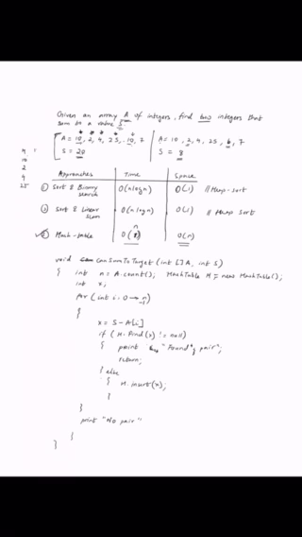Now, it depends on how you implement the hash table. In my case, I want to store key value pairs. The key is the value that I'm going to push, which is the array value, and the value is the index. So this is A of i, and this is going to be i.